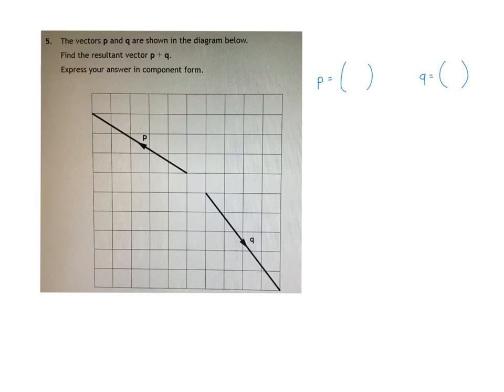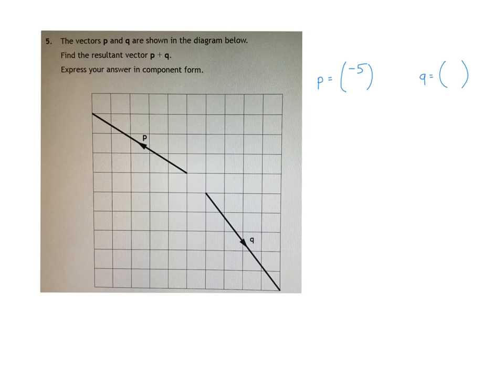So if we look at our first one, we always look in the x direction first, so the horizontal first. So if we look at P, we've gone 1, 2, 3, 4, 5 squares. And because we're going to the left, that's the negative direction, so we're going negative 5. So our first part is negative 5.